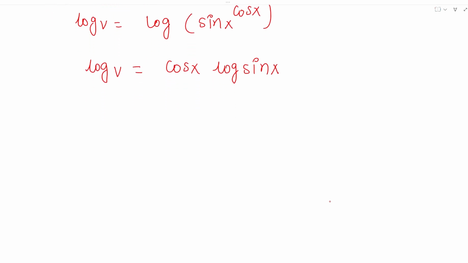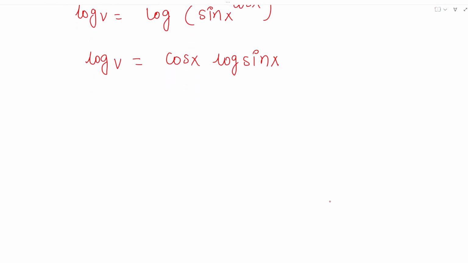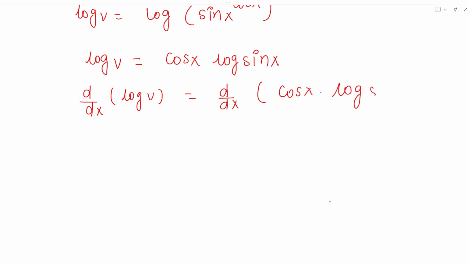Now differentiating both sides with respect to x, so this becomes d by dx of log v equal to d by dx of cos x into log sin x.